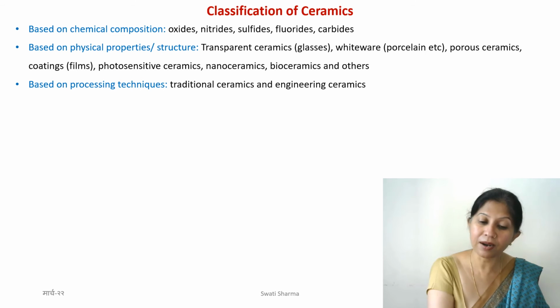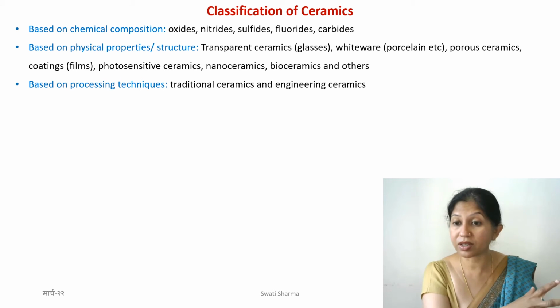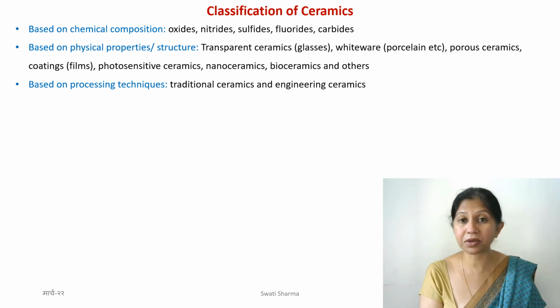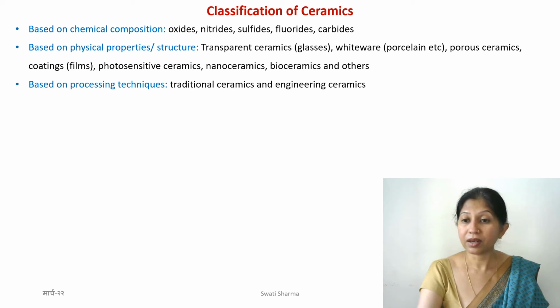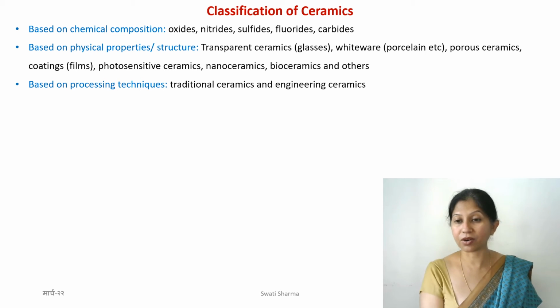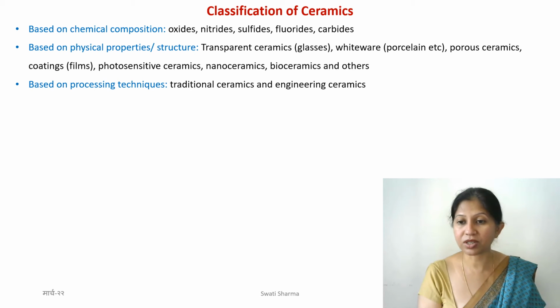Certain techniques are still closer to the traditional techniques, but if you want to make machine parts and tools and electric insulators and so on, in that case, you call these new or advanced ceramic materials engineering ceramics. And of course, their processing techniques are also different. They are processed using certain machines and tools and so on. And that is something which we also do in the workshop, which is a part of your course.